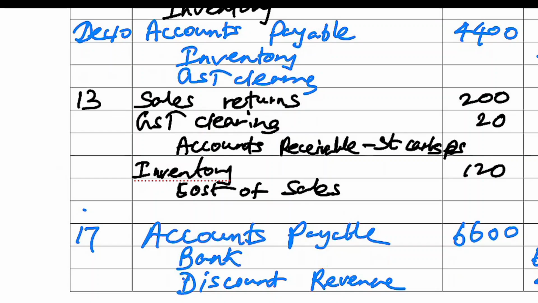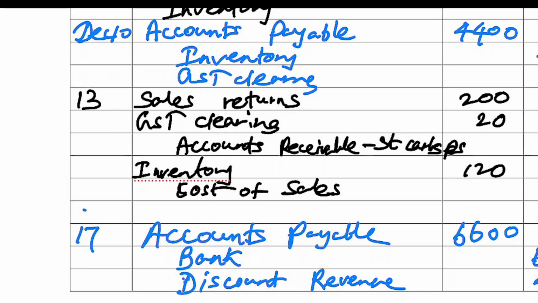462. 7% of 6,600. Kate, are you okay with the calculation?